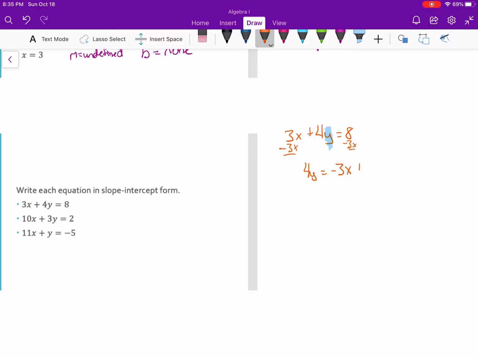So negative 3x plus 8. And I'm going to divide everything by 4. Remember last chapter I said it was okay if you did this. In this case, I want you to divide every term by 4. So we get y equals negative 3/4 x plus 2. So we know our slope is negative 3/4 and our y-intercept is 2.